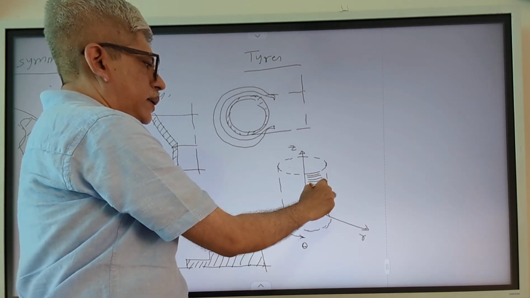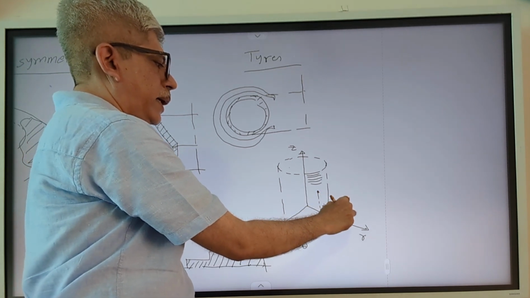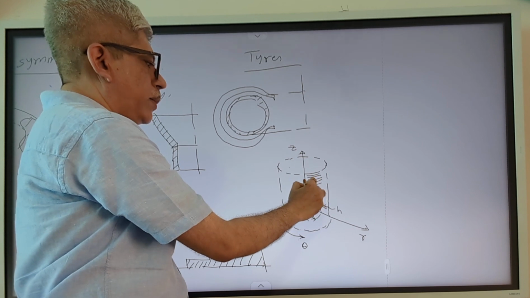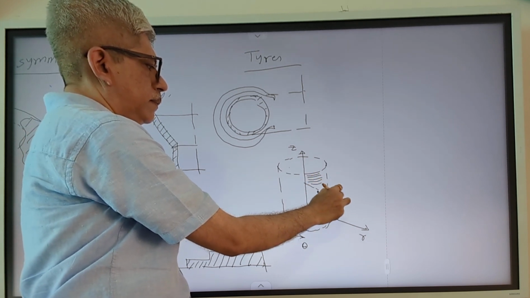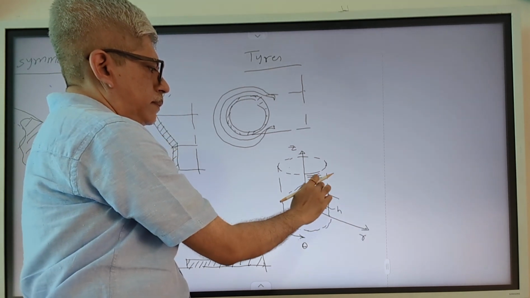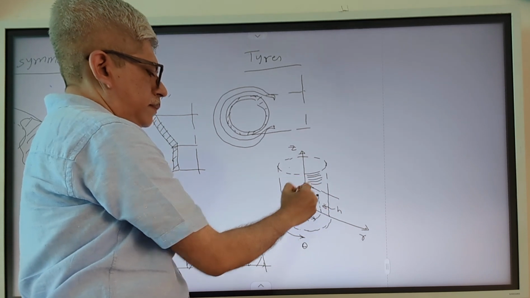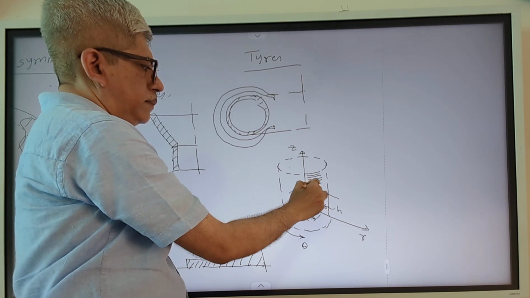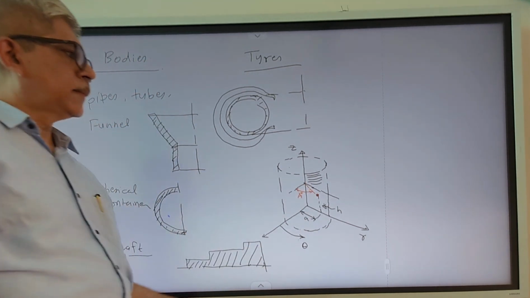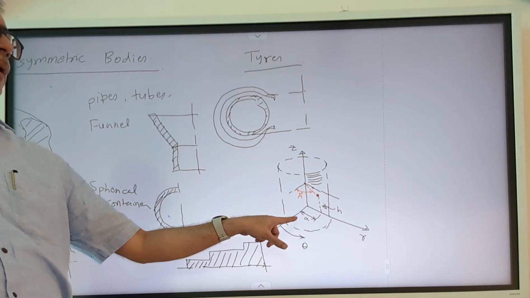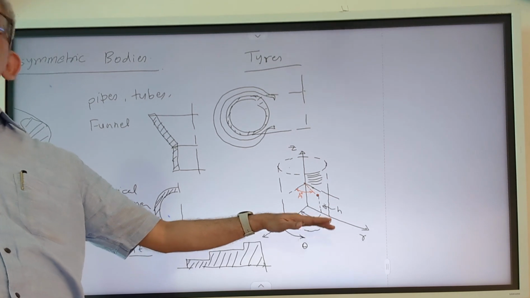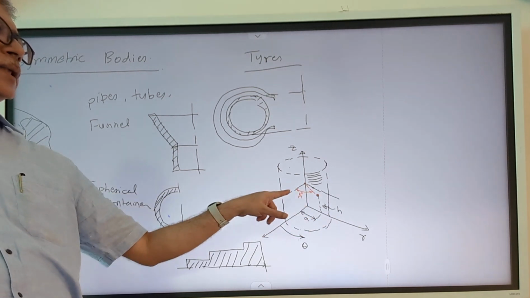Let's say it is at height h, at radius a, and makes an angle. It is at distance a from the axis of the body, at height h from the zero plane, which is the origin plane.